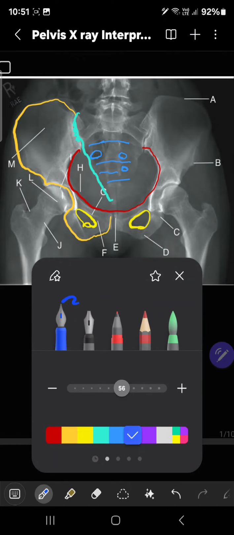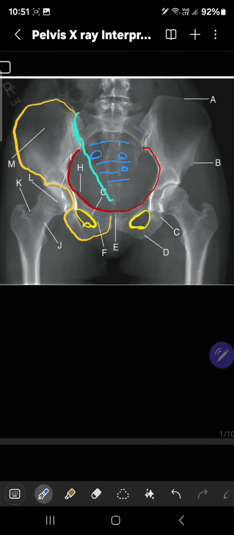Number six: look at the lumbar vertebrae to see whether they are in line or not, and check for any fractures of the transverse process. This is a transverse process.